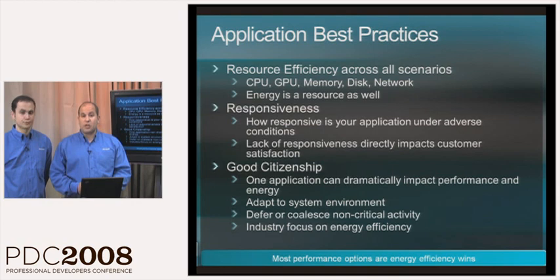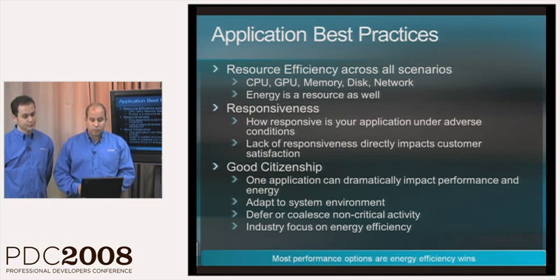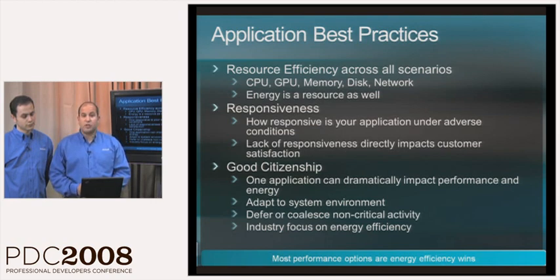So if the system is in a low power state, it's not necessary to wake that system up from that low power state to do non-critical work. And the other aspect of this is just a strong industry focus on energy efficiency. As I mentioned, one application can have a significant impact on the overall energy efficiency of the platform. And it really requires a concerted effort across the industry to get energy efficiency and performance right on the platform.